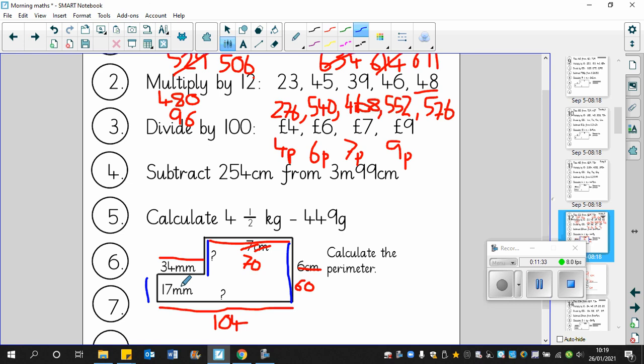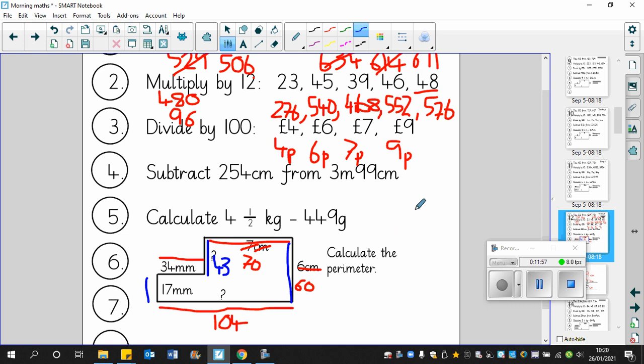And then if we add 10, 20, 30, 40, if we add 40, we get to 60. So we add 3, and then we add 40, so therefore this is 43. So 17 add 43 is 60. That I'm happy with. Right, this is the tricky bit.